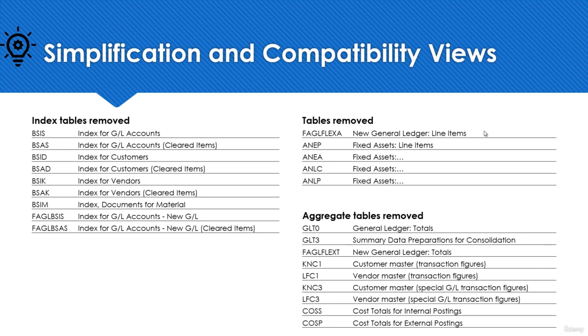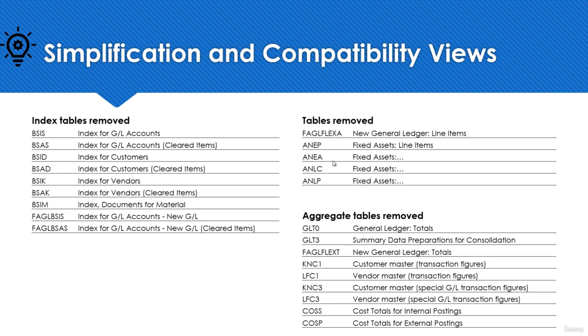So you can see here the tables: GL accounts, open items, cleared items, customers, open items, cleared items, vendor, open items, cleared items, and similarly FAGLFLEXA, the table which you can use to view line items, and ACDOCA is the replacement of this table, FAGLFLEXA.